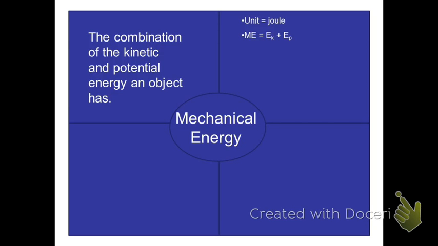So this is an easy formula, you just add them up. We say that mechanical energy is conserved. What's conserved mean? If you conserve water, what does that mean? Gabe? Saving. Yeah, to save it. Mechanical energy is conserved by changing from kinetic to potential.